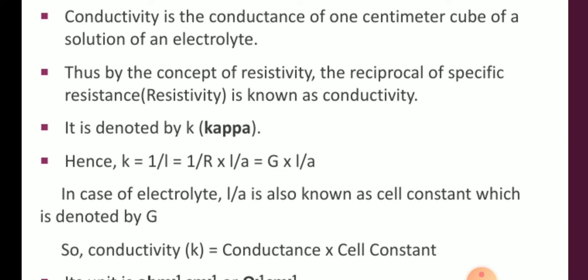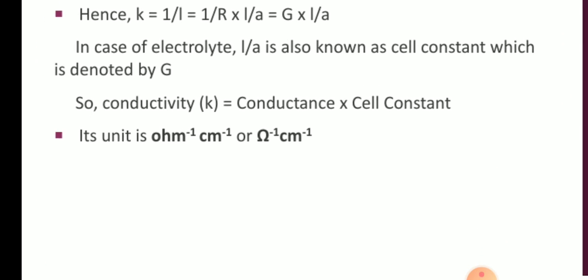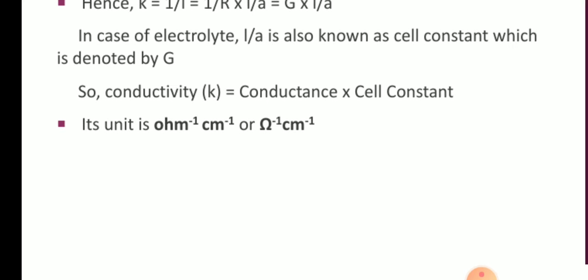It is denoted by kappa, K. Hence K is equal to 1 by R multiplied by L by A, and 1 by R is equal to G, so K is G multiplied by L by A. In case of electrolyte, L by A is known as the cell constant, which is denoted by G*. So conductivity is equal to conductance multiplied by cell constant, and its unit is ohm inverse cm inverse.